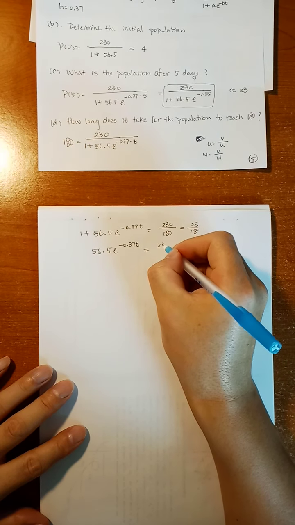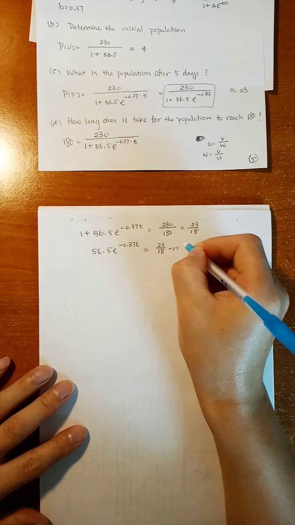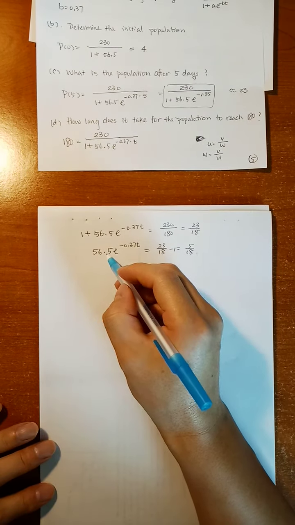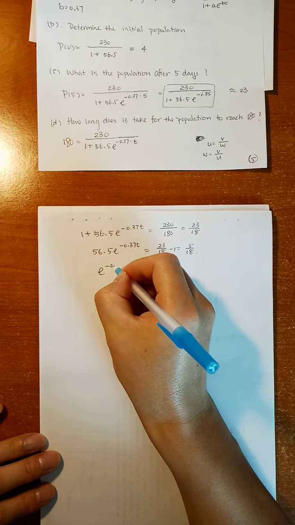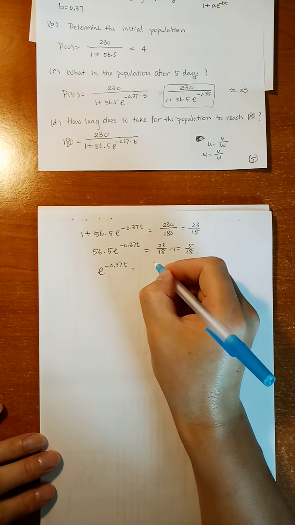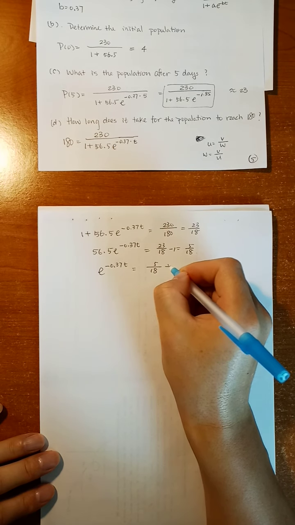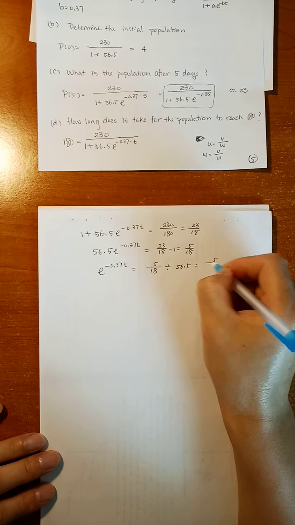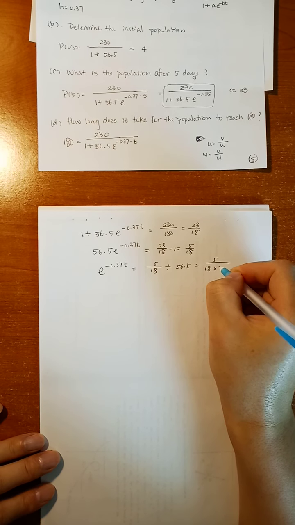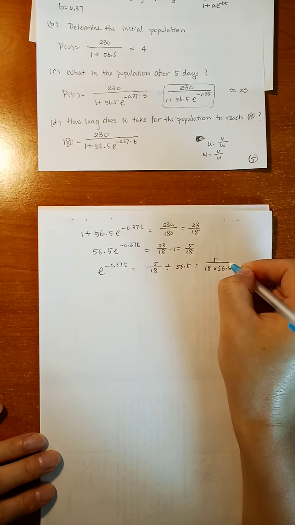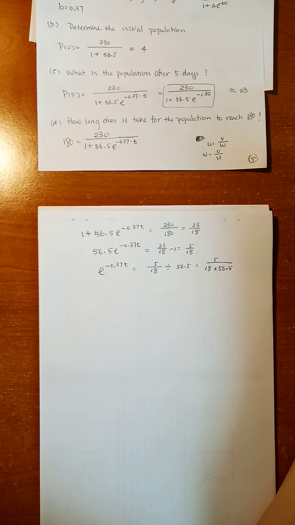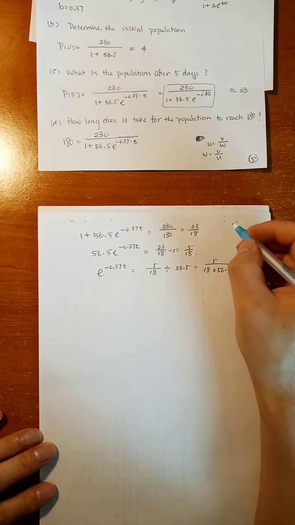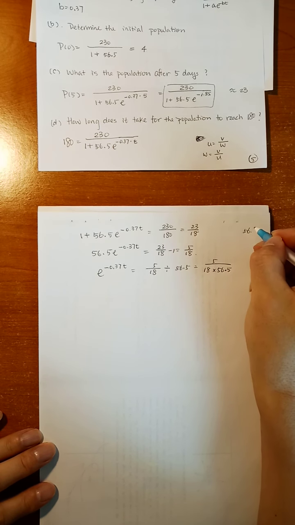It is 21 over 18 minus 1 is 5 over 18. And divide by 56.5. Okay, just compute what is 18 times 56.5. 56.5 times 18.